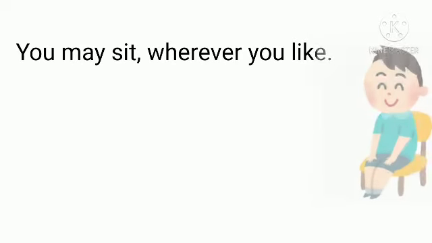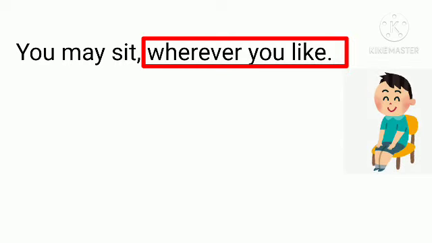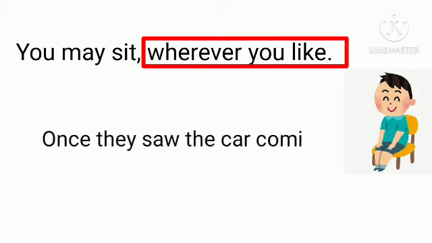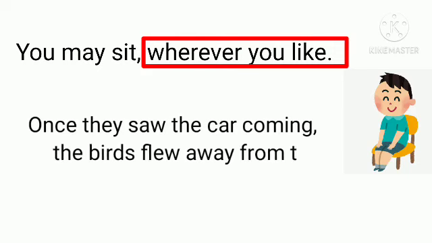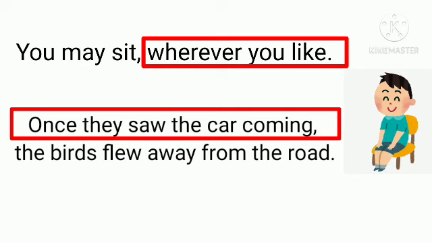Here, wherever you like is an adverb clause as it answers the question where. Where to sit? Wherever you like. Once they saw the car coming, the birds flew away from the road. Here, once they saw the car coming is an adverb clause because it answers the question when.